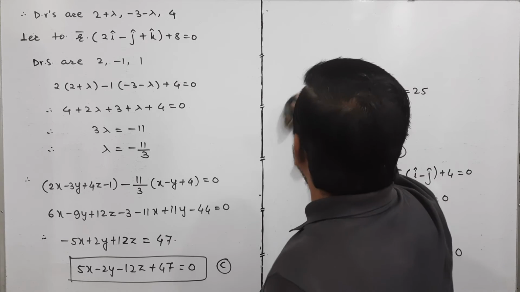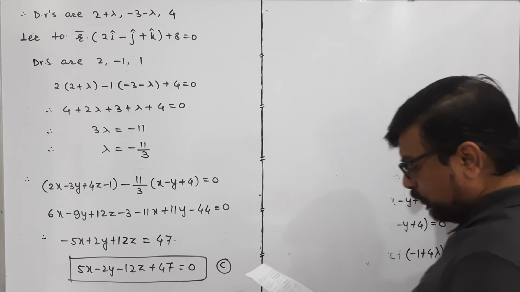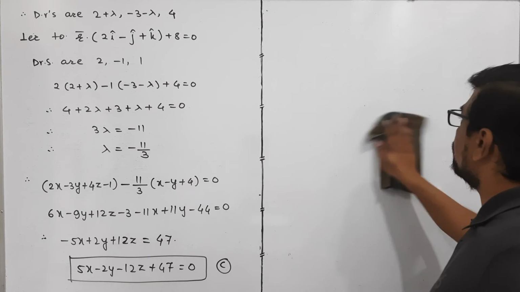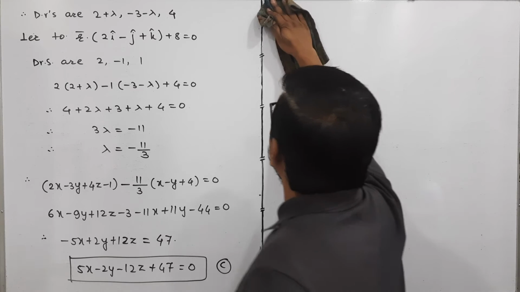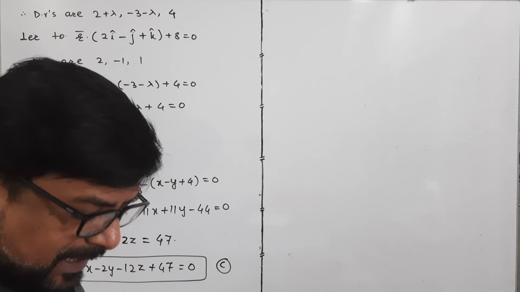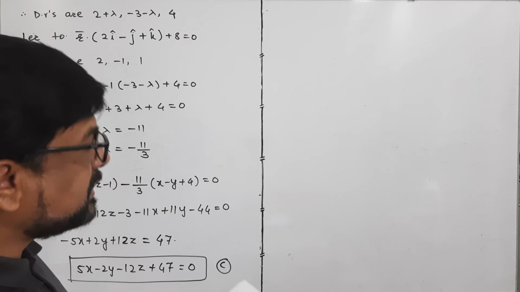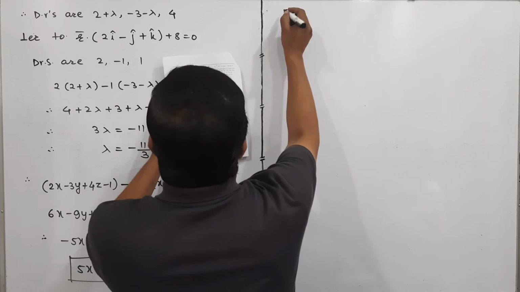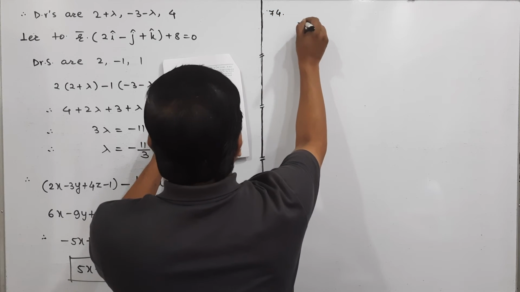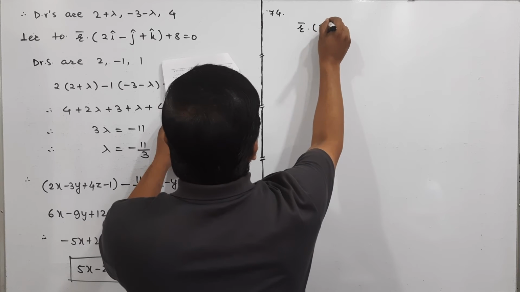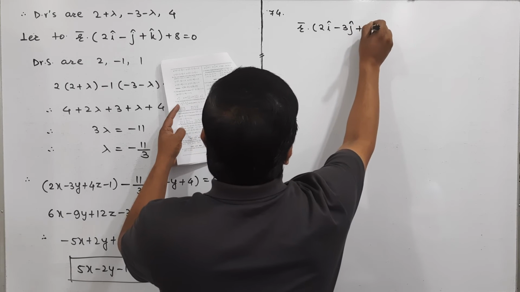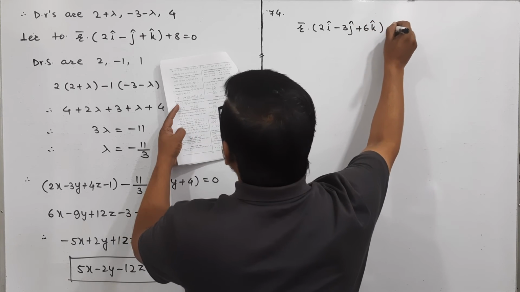Now read next question, question number 74. Find the distance between the parallel planes. We find the distance between parallel planes just like we find the distance between parallel lines. 74. First equation of plane is r vector dot 2i cap minus 3j cap plus 6k cap is equal to 5.